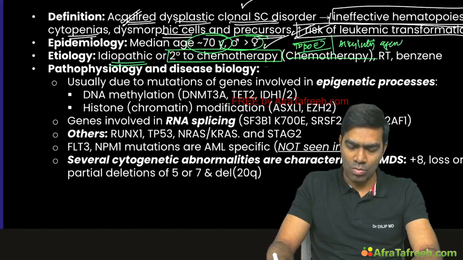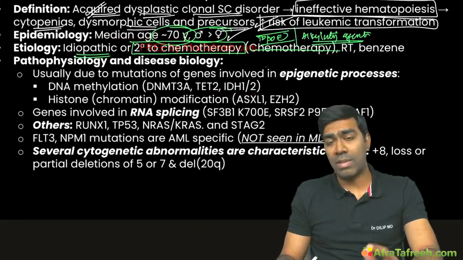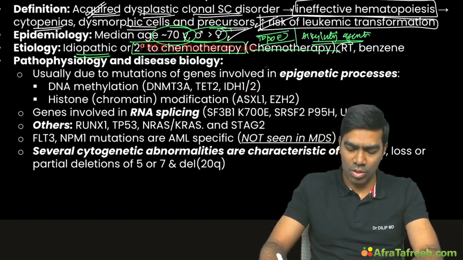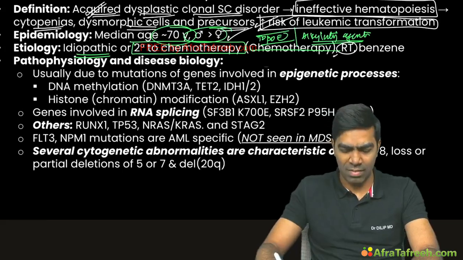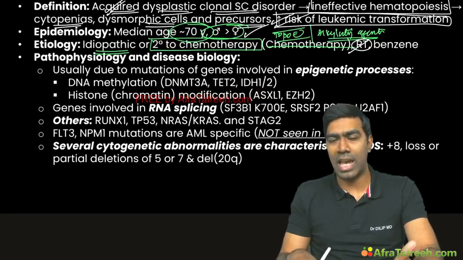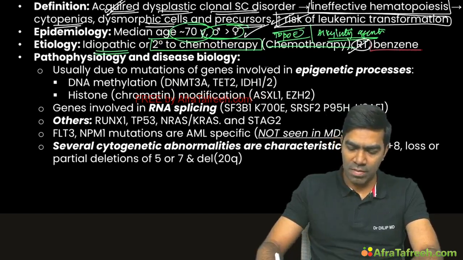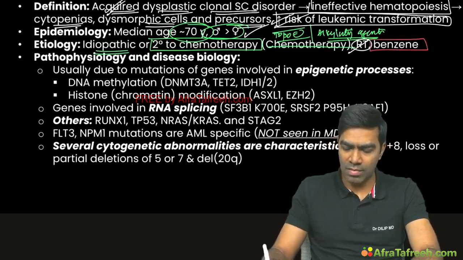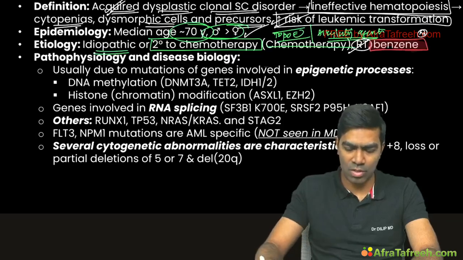So these are the two most important groups of drugs that can result in both MDS as well as AML, and exposure to high dose radiation in the past is also going to increase the risk of MDS and AML. I think we'll be discussing these details in the AML section in acute leukemias. And benzene is a very, very important compound that can result in various myeloid neoplasms, including MDS as well as AML. This has been asked so many times in exams.